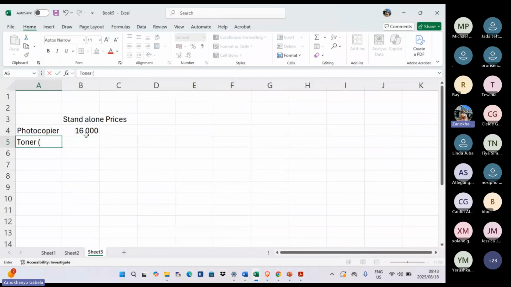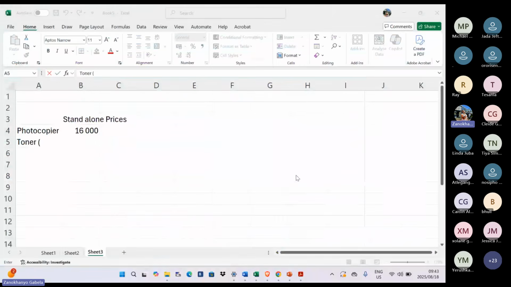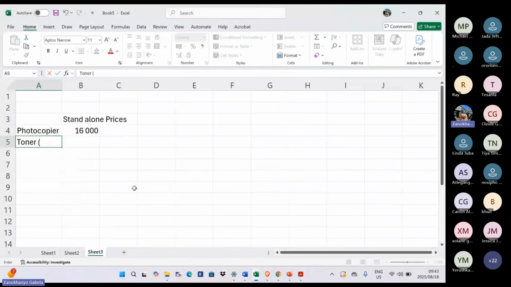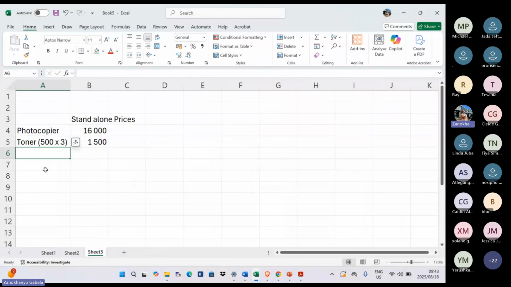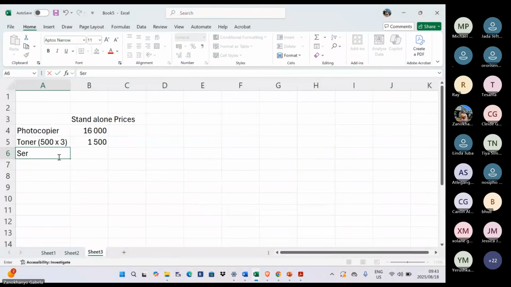Toner, for 1 month is 500 and we know it's for 3 months, so 500 multiplied by 3 months is 1.5K. Then servicing fees.